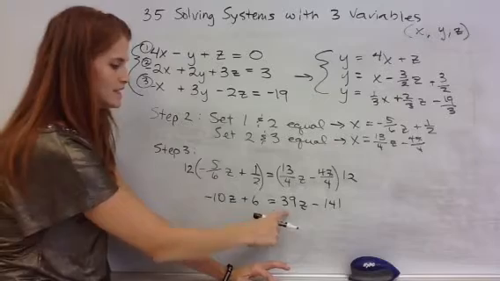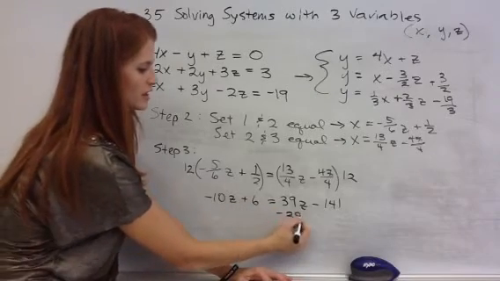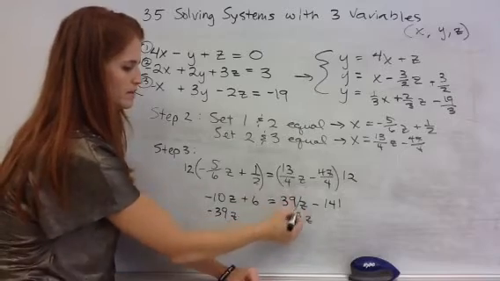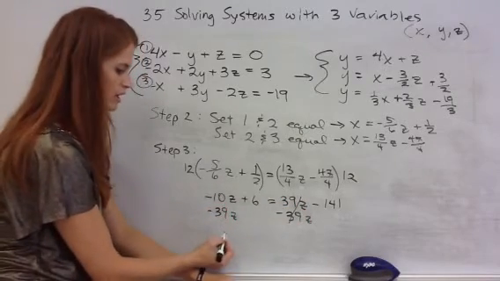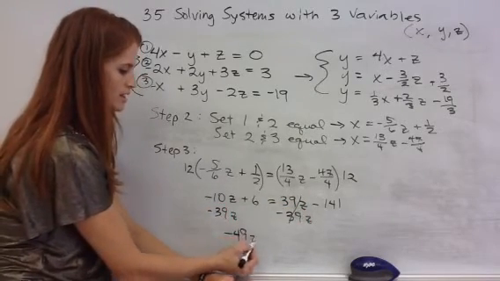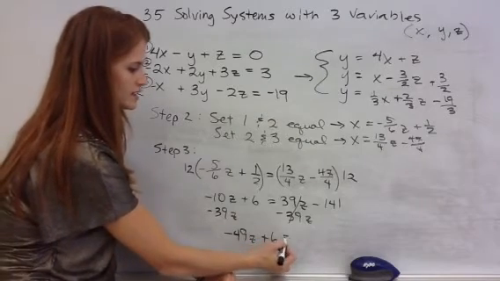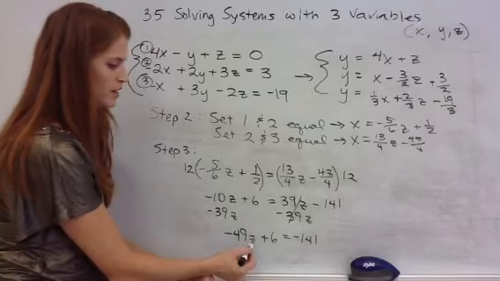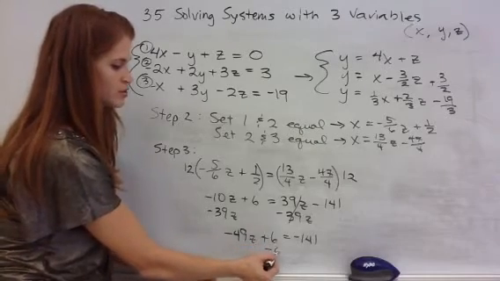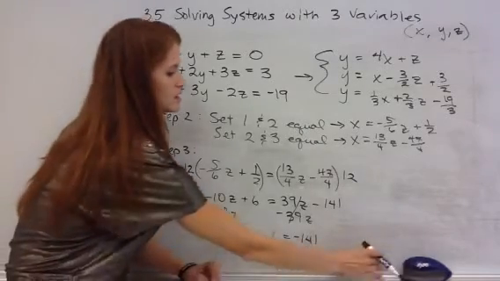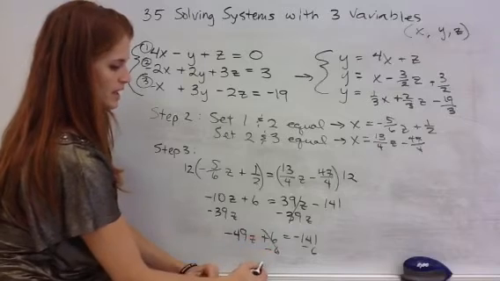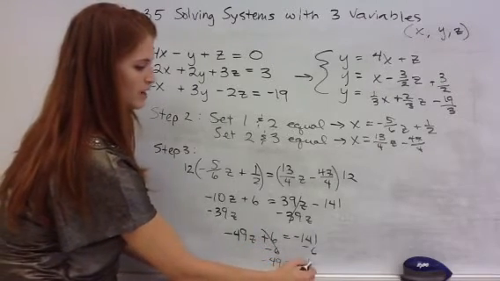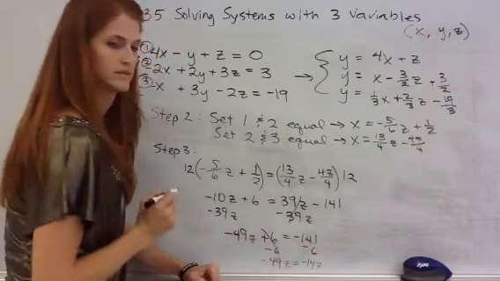Now I want to get my z's together still, so I'm going to subtract 39z from both sides. That goes away. Over here, I have a negative 49z plus 6 equaling a negative 141. From here, I need to get rid of the 6, so I'm going to subtract 6 from both sides. I get a negative 49z equaling a negative 147.